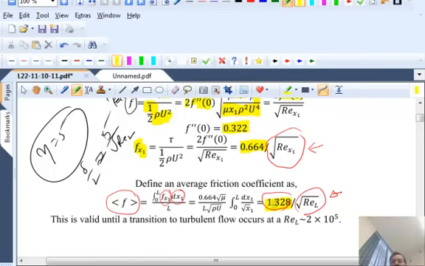When I put x1 equals 10 centimeters in the Reynolds number expression and use it in this formula with 0.664, what am I getting back? I'm getting back the local stress, the local friction factor at 10 centimeters. But if I take the same 10 centimeters and treat it as L and put it in this with 1.328, then I'm getting the total force exerted from 0 to 10 centimeters.